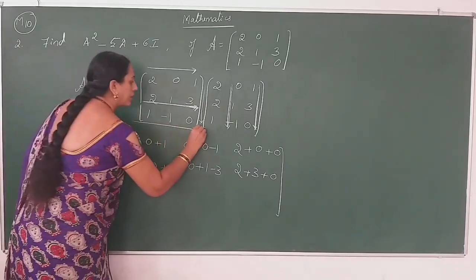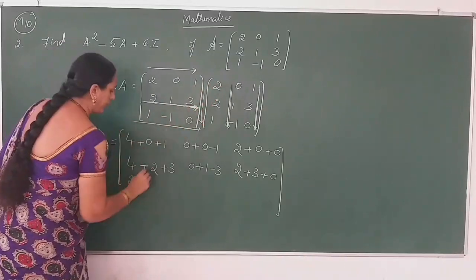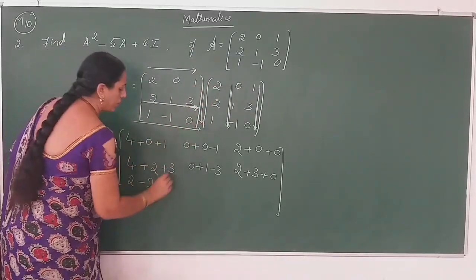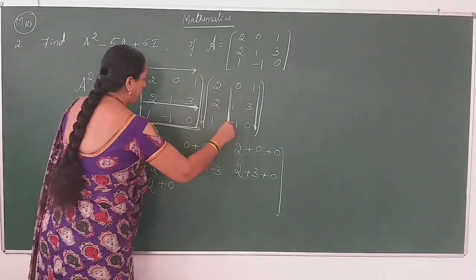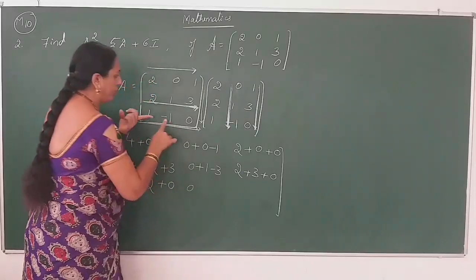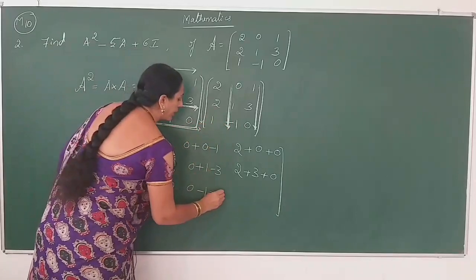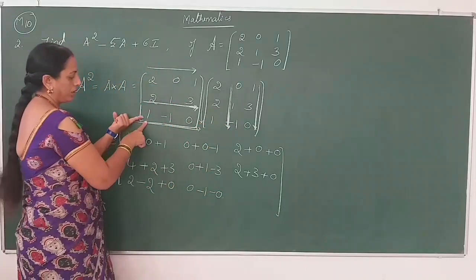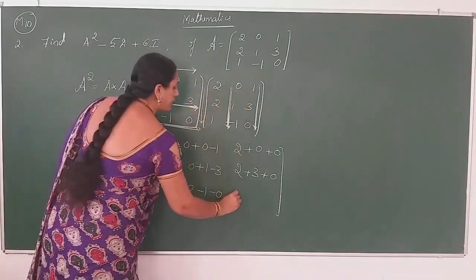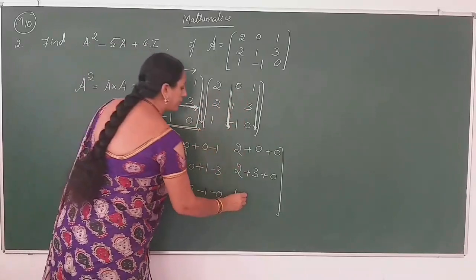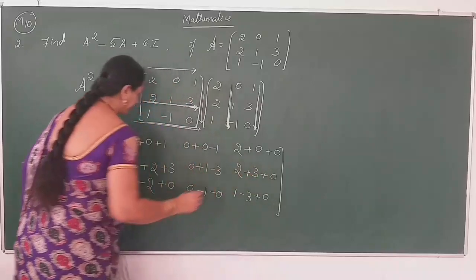Third row: 1 into 2 is 2, minus 1 into 2 is minus 2, 0 into 1 is 0. Third row, second column: 1 into 0 is 0, minus 1 into 1 is minus 1, 0 into minus 1 is 0. Third row, third column: 1 into 1 is 1, minus 1 into 3 is minus 3, 0 into 0 is 0.